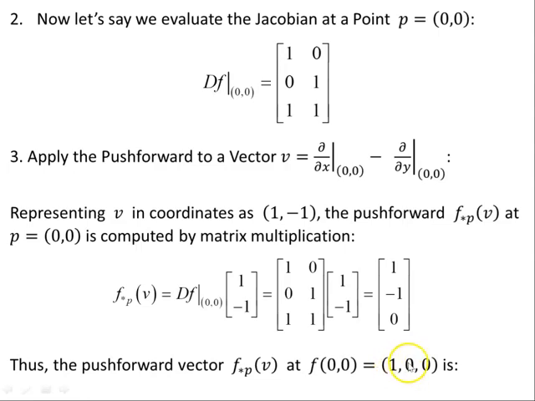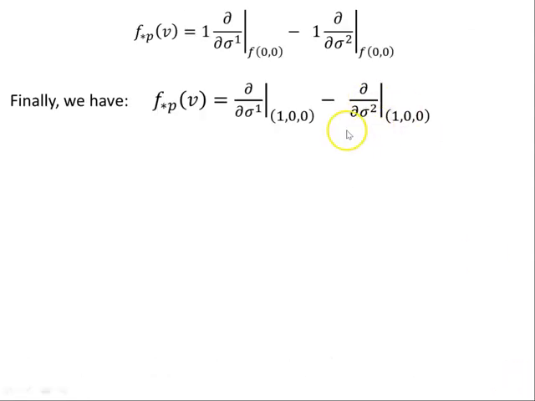So just going back here, on N, the tangent space occurs at the point where x is 1, y is 0. It occurs at 1, 0, 0 on the manifold N, not X, sorry. It occurs at the point 1, 0, 0 on N, and the push forward vector f star p of v is 1 unit in the sigma 1 direction at f of 0, 0, minus 1 unit in the sigma 2 direction at f of 0, 0.